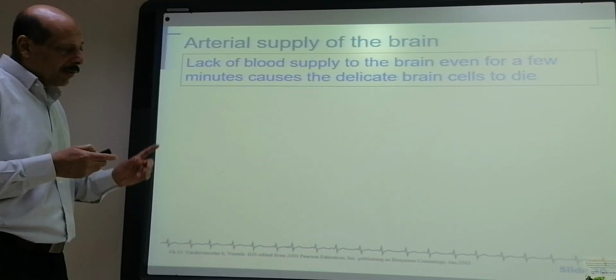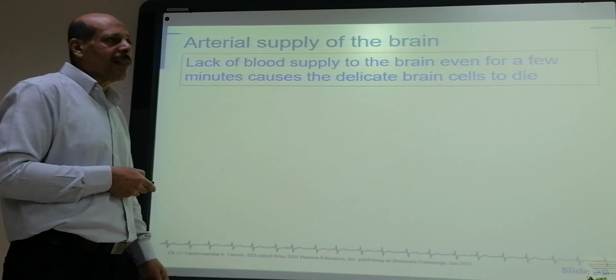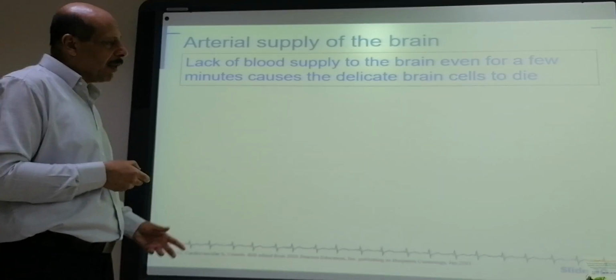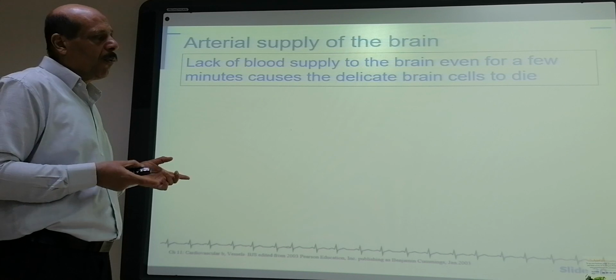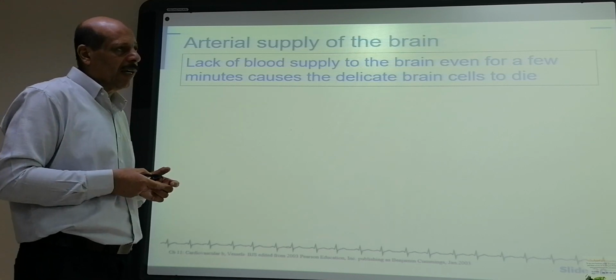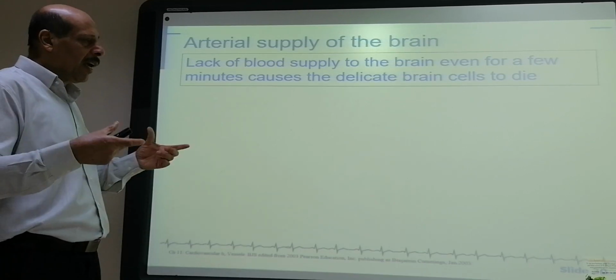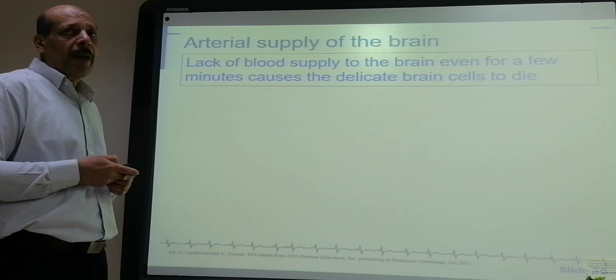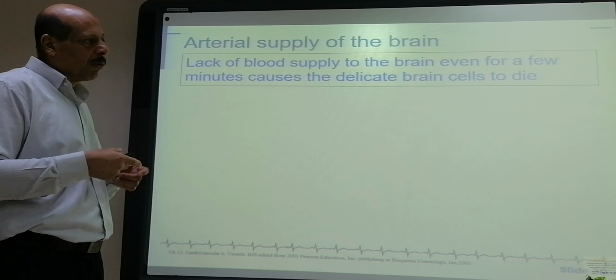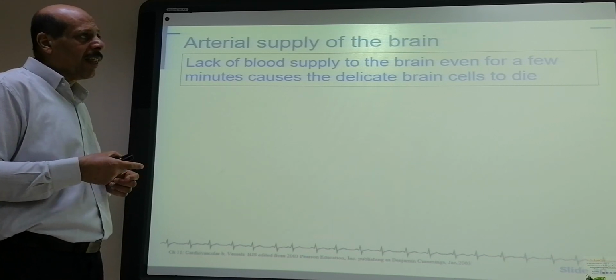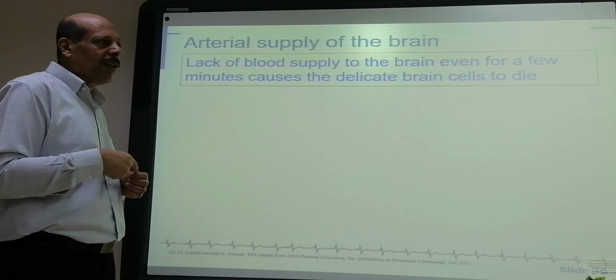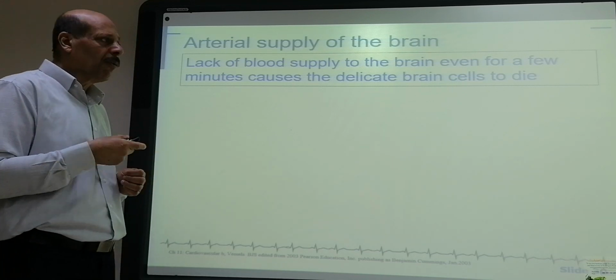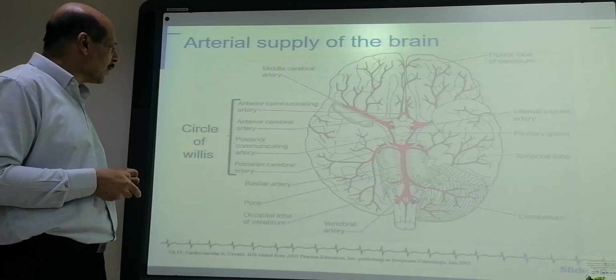Because of that, we mentioned there is a circle of Willis, so the blood supply is coming through four major arteries, and they are joined together with connecting arteries in order to make a circle that will permit the blood to go through from any of those arteries.